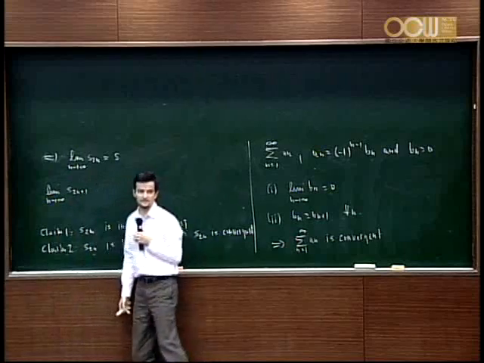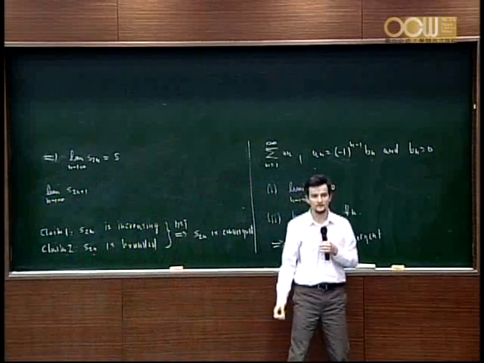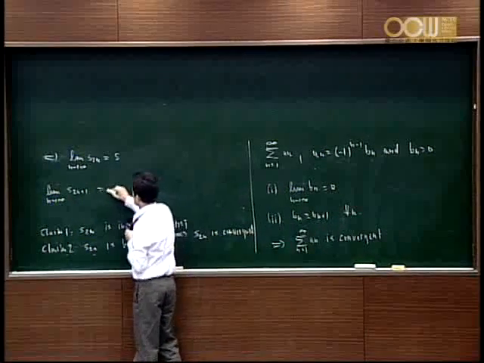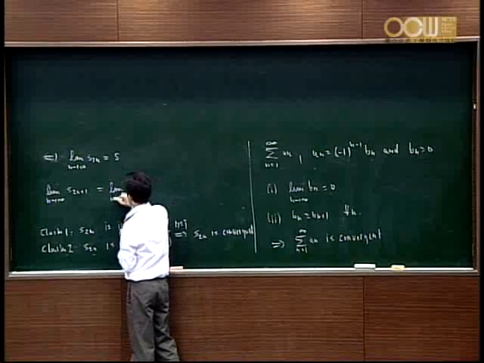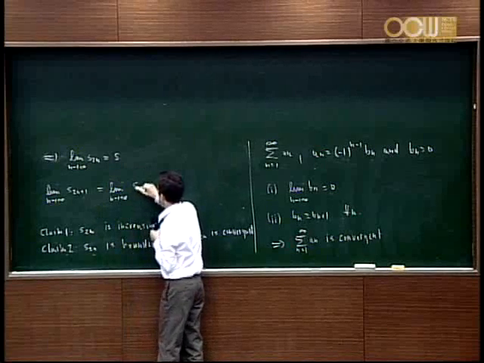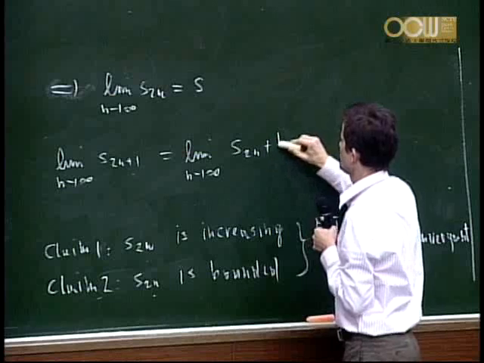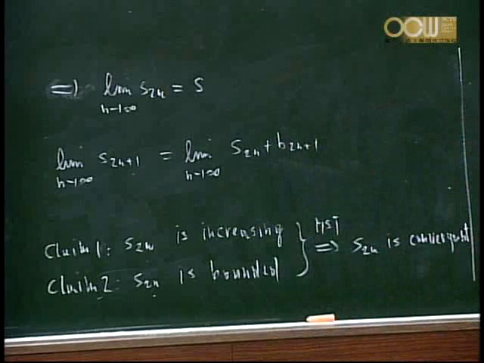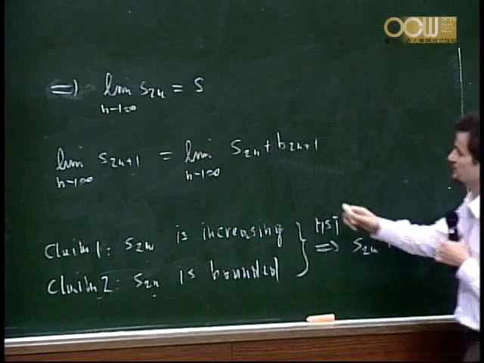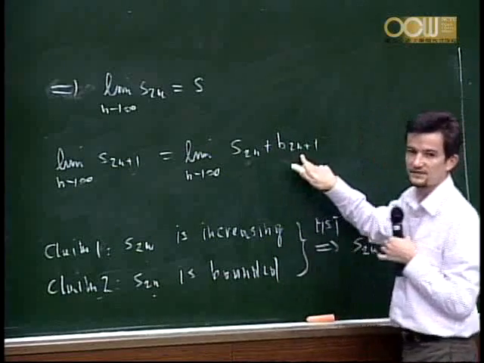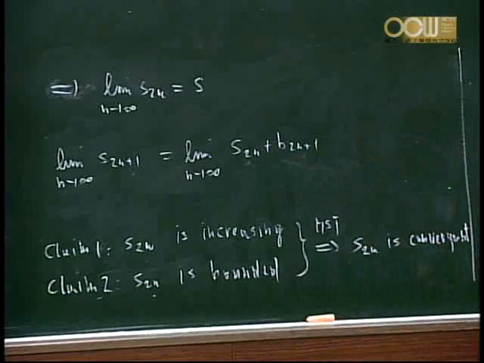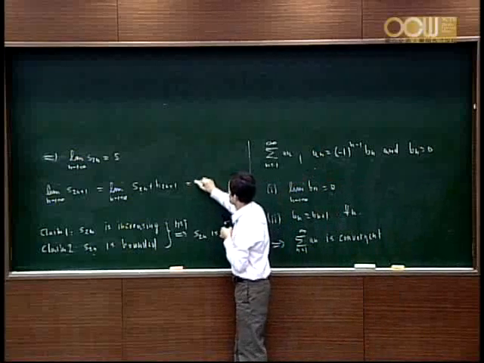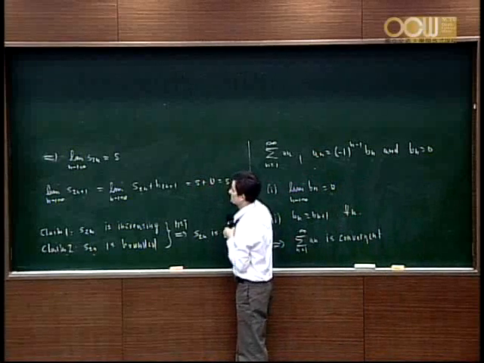You want to understand whether this limit exists or not, but you easily observe that this can be written as S2n plus the last one, P2n plus 1. Because this limit exists, and this limit exists because of this condition here, what you get is S plus 0, so it's equal to S.